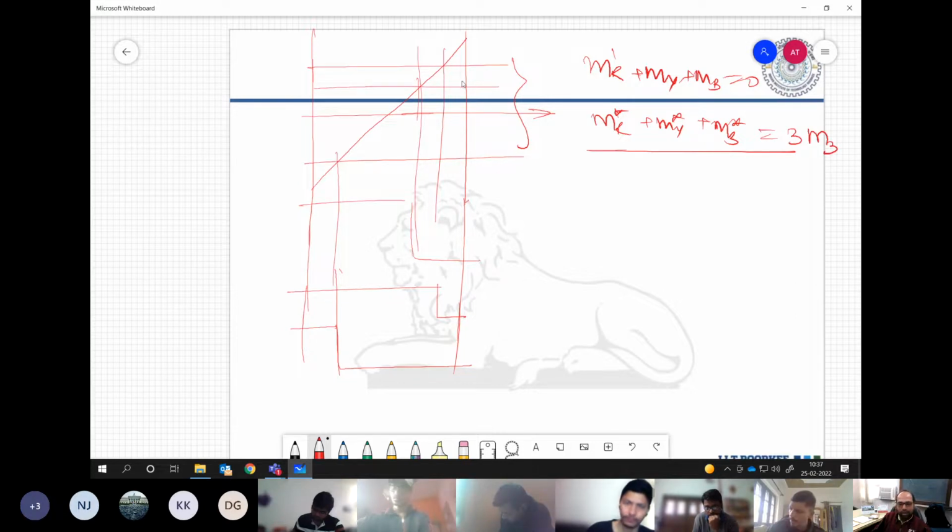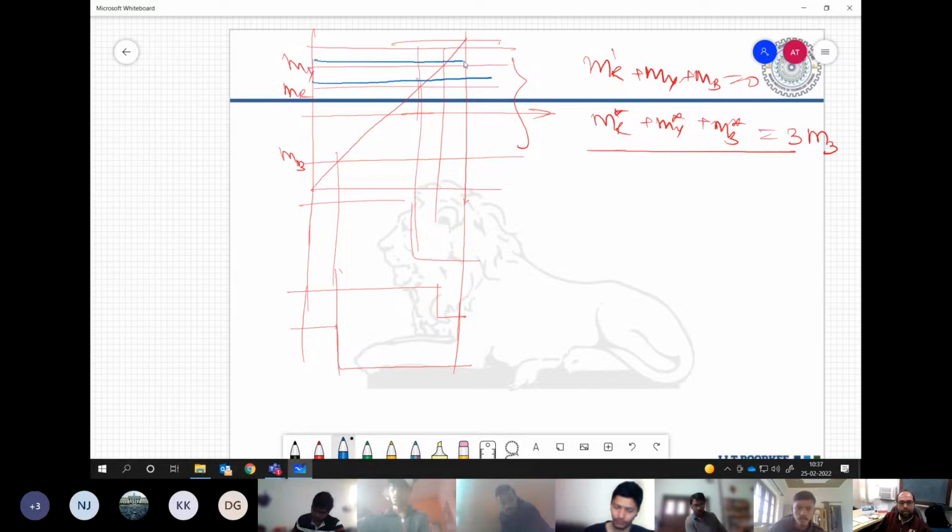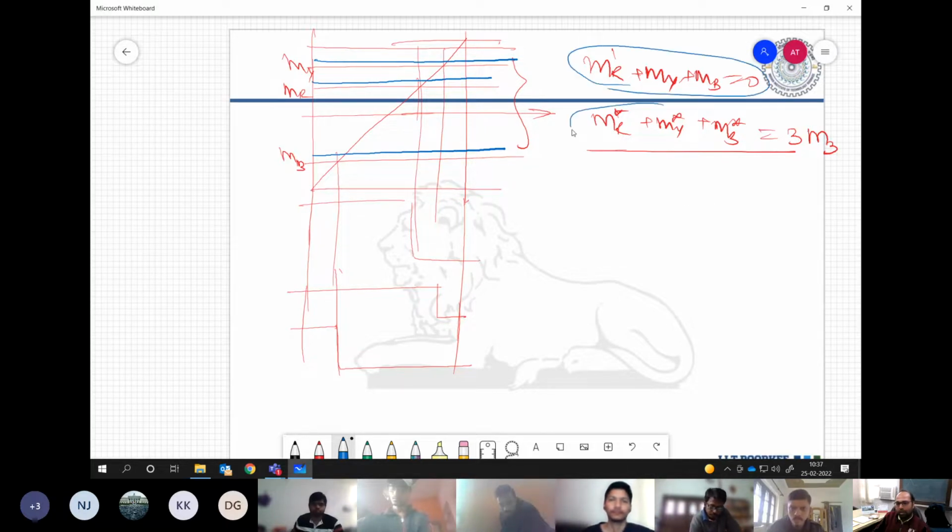So which means if this is your original MR, MY, MB, now you have changed everything by same factor. This also increased by something, this also increased by something, this also. You are just adding the same number to all three. So this relation may not hold now for the new modulating signals.